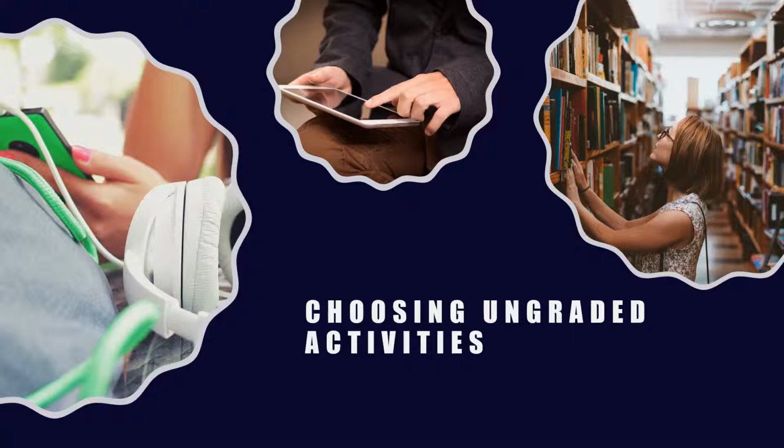The purpose of the ungraded activities is to provide information that will help the students be successful in accomplishing what you've said they should be able to know, do, or value at the end of the lesson.